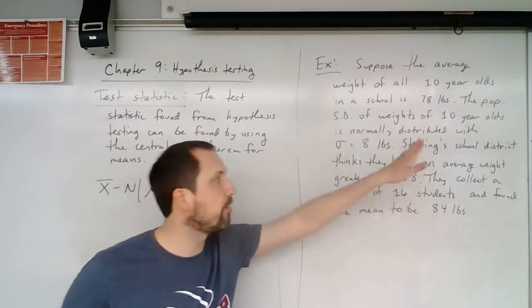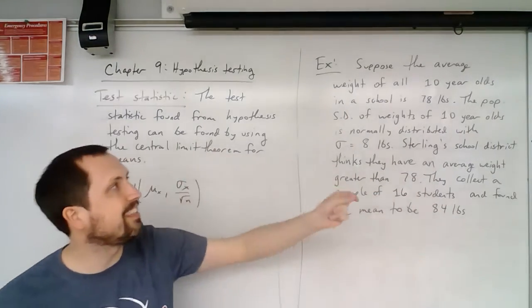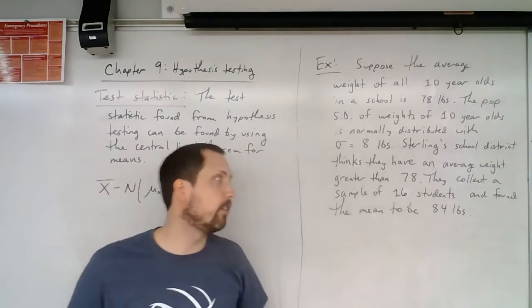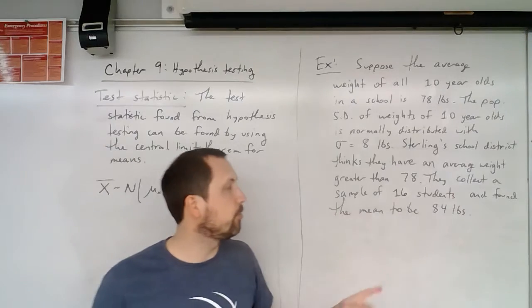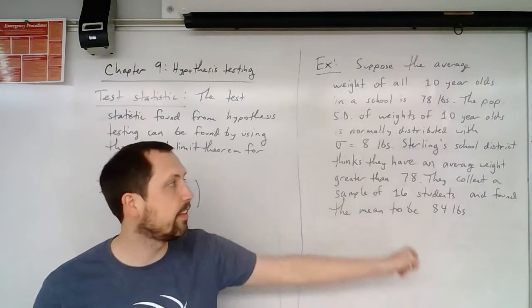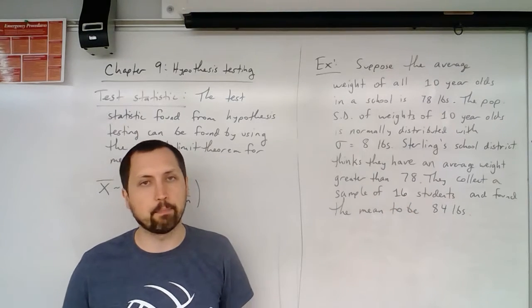Okay, so if we did hypothesis testing, our null hypothesis would say mu is equal to 78, saying that Sterling is no different than the average. Our alternative hypothesis would be that mu is greater than 78, saying that we have an average weight that is larger than 78.